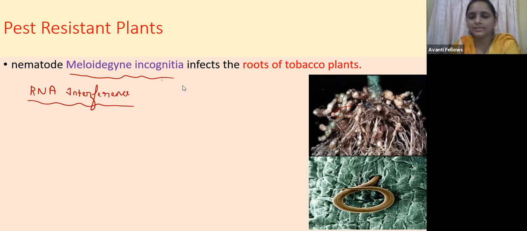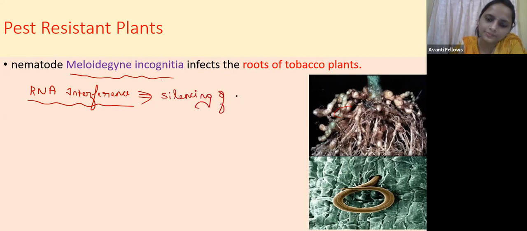RNA interference is silencing of the gene. It is a type of immune response. It is called silencing of gene in eukaryotes.